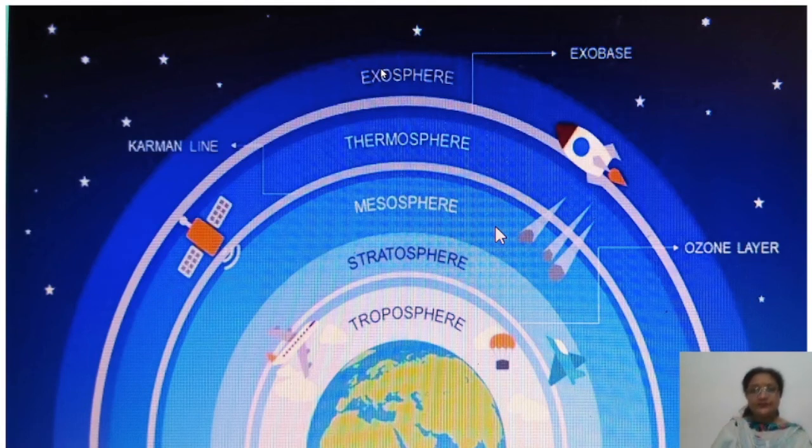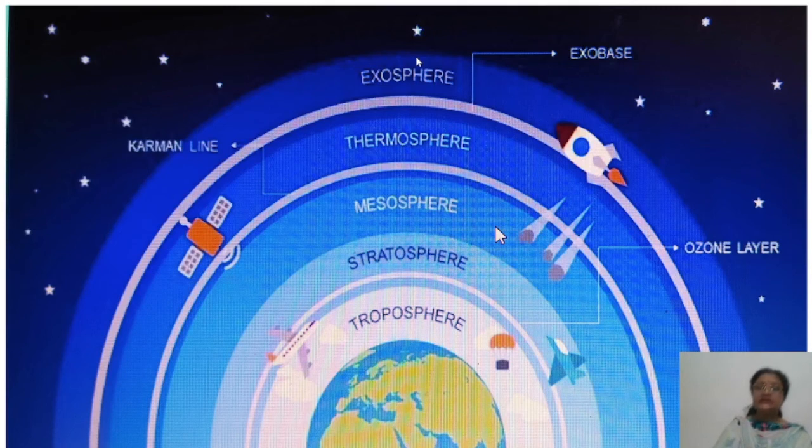Okay? And in the exosphere, along with the ionosphere, the temperature goes very high, especially as we move towards the outer parts of the exosphere. So that's why it is called the thermosphere. Clear?